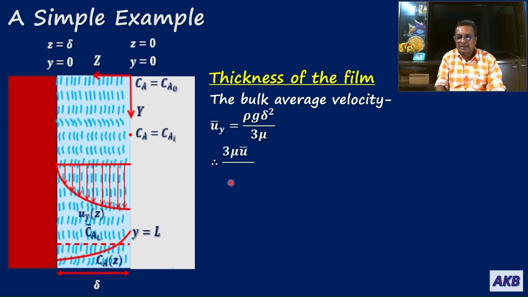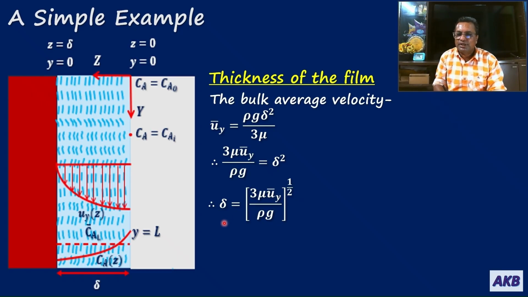That is, 3 mu uy bar by rho g is equal to delta square after rearranging it. So that gives us delta as 3 mu uy bar by rho g raised to 1 by 2.